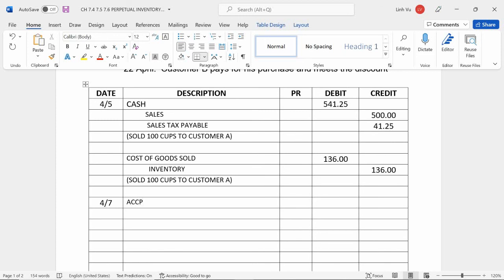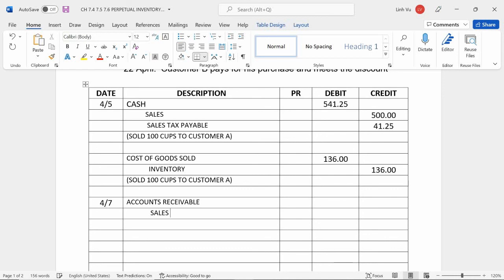Yes, because I sold it to him on an account. Accounts receivable, not payable. Good. What else do I need to recognize? Sales.